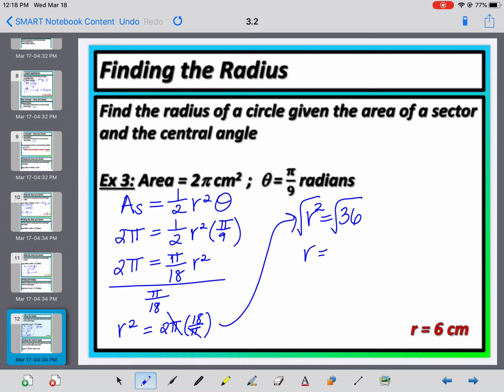And we have to take the square root. Typically when we square root, we need a plus or minus, but since this is representing a radius, which is a measurement or a length, we are only using the positive. So my radius is 6 centimeters.